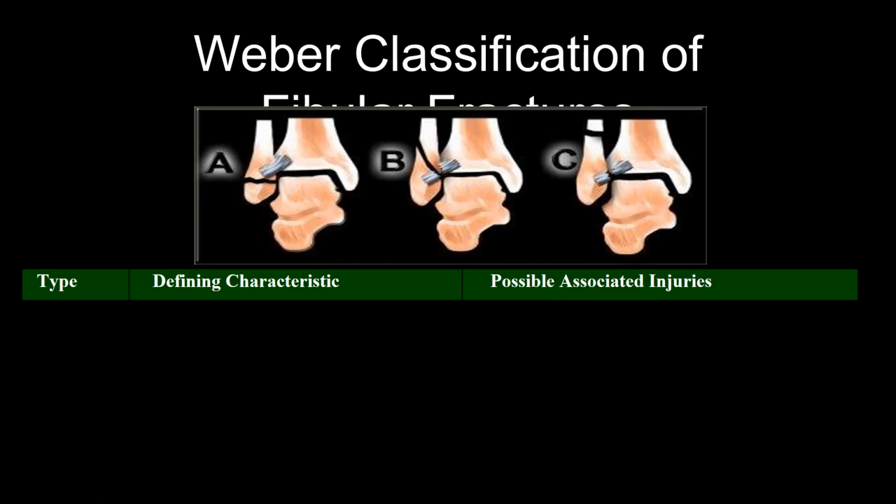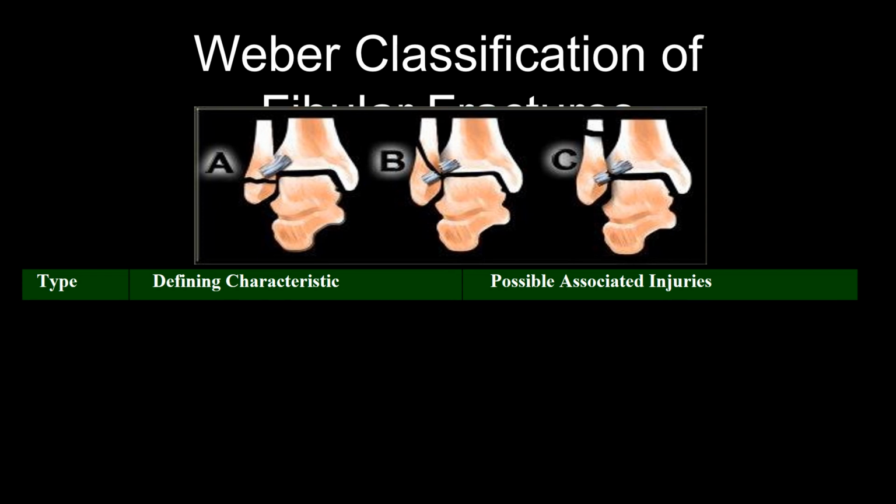So now Weber classifications, these are all going to deal specifically with fibular fractures, distal fibular fractures. So a type A is going to be a fibular fracture below the level of the ankle joint space. And what we're talking about with that ankle joint space is that AJS from a few slides ago.